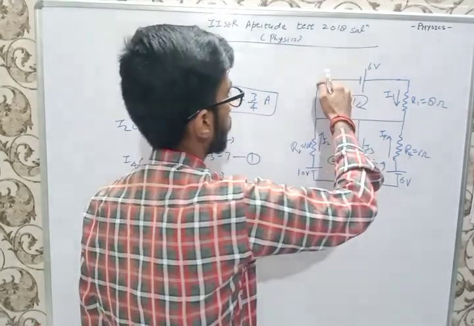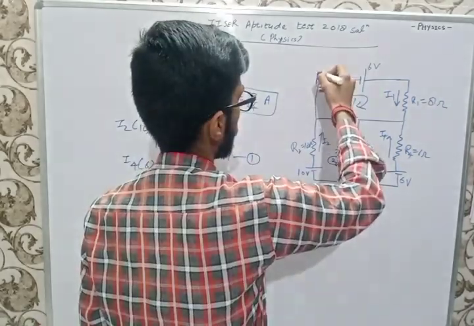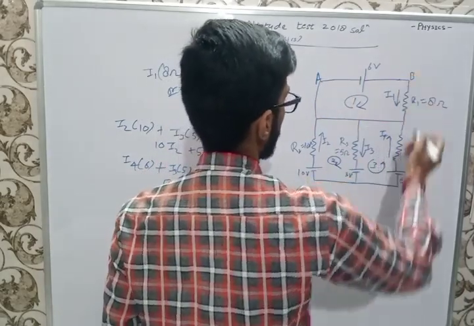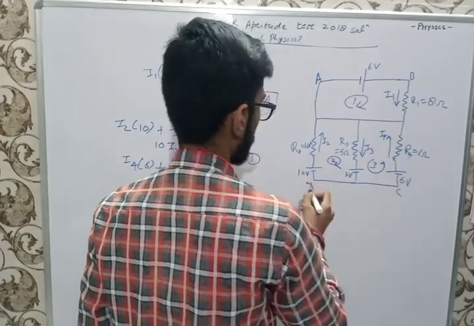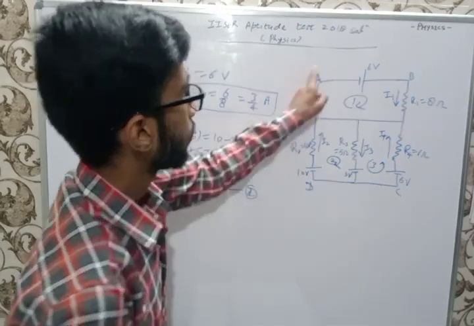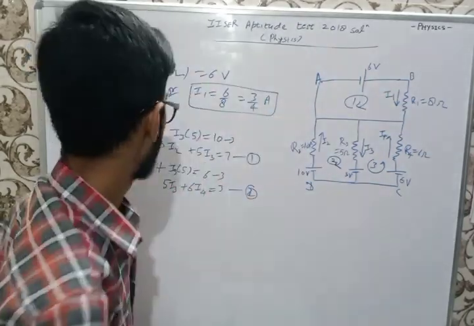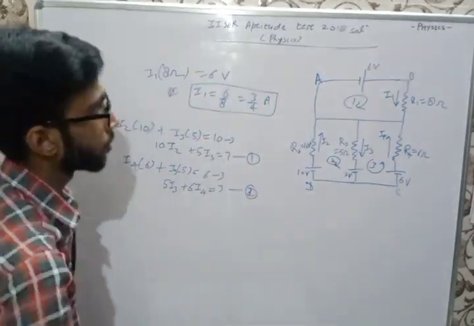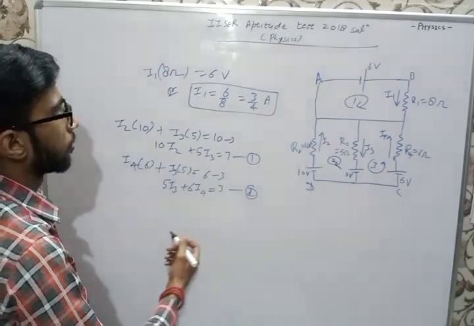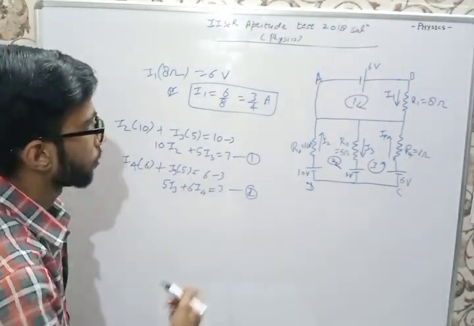There is another possibility to apply Kirchhoff's law in the outer loop. If I say these points are A, B, C, D, then you can also apply Kirchhoff's law for A, B, C, D, A. Just try to apply it to check whether you get something new or not.